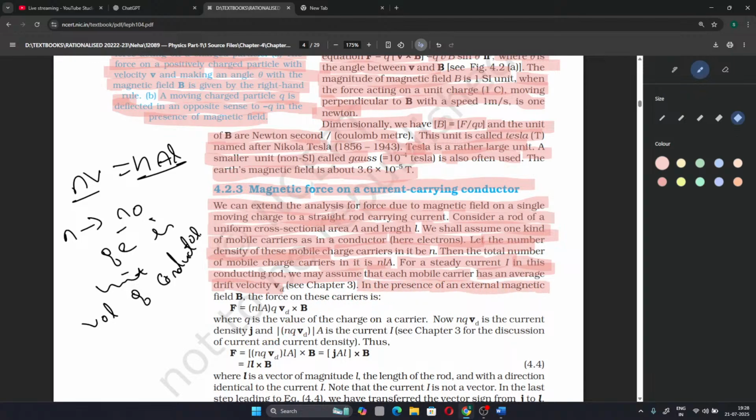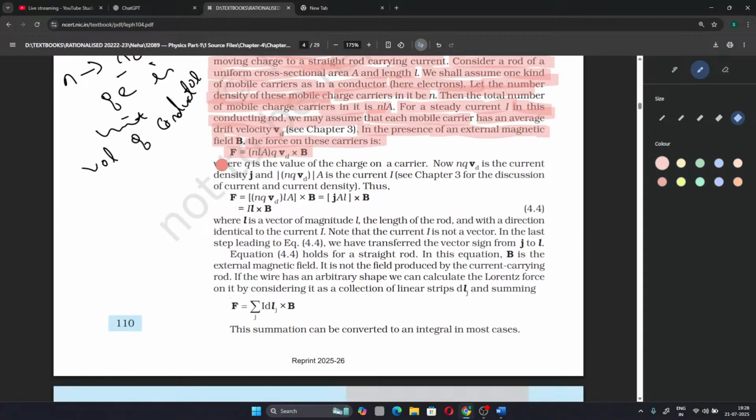In the presence of an external magnetic field, the force on these carriers is nlA times q times vd, the drift velocity, cross product with B, where q is the value of charge on a carrier. Now n times q times vd is the current density j.